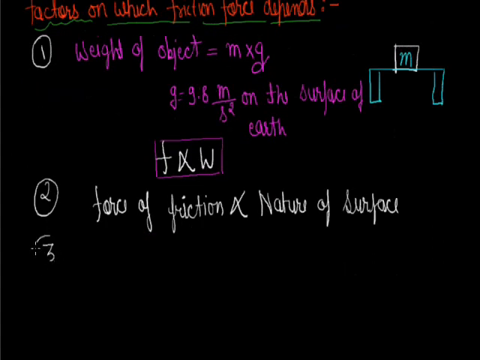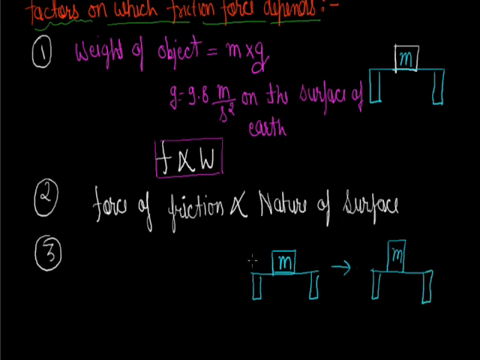The third point is the force of friction does not depend upon the area of surfaces in contact as long as the weight remains the same. Suppose a body of mass m is placed on a table like this, and the same body is now placed vertically on the same table.